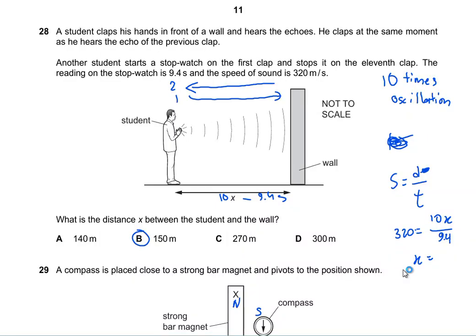On my calculator, this gives me 308. Okay, 308. We have to halve it because between each clap, the sound moves twice. So that is divided by 2. That is 150.